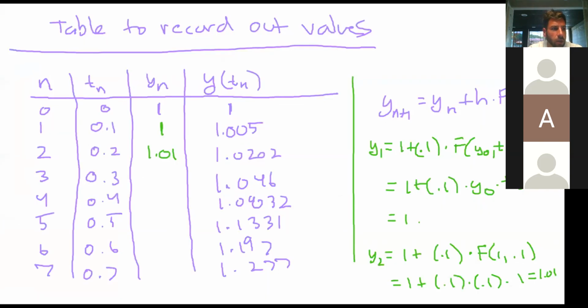Again, the only way you're going to learn this is if you continually do it over and over again. I mean, just for fun, let's just make sure we get the next one to be correct. If I want to get y sub 3, well, then I'm plugging in y sub 2, which is 1.001.